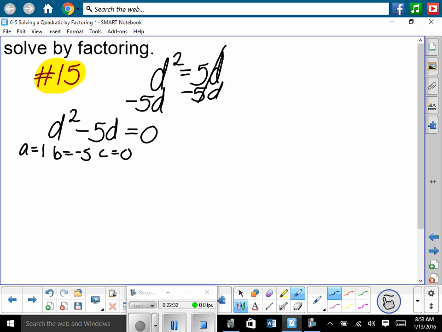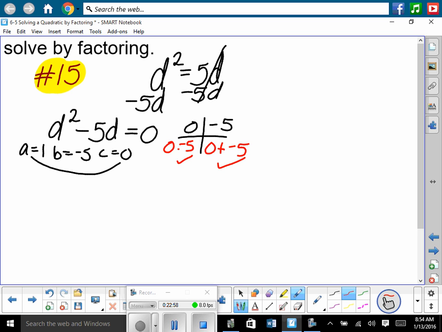Yes, so then they did: what multiplies to be a times c, so what multiplies to be 0 and adds up to be -5. This is the harder way, but that's fine, like I said. So they said, okay, what multiplies to be 0 and adds up to be -5? 0 times -5 is 0, and then 0 plus -5 is -5. So our factors are 0 and -5.